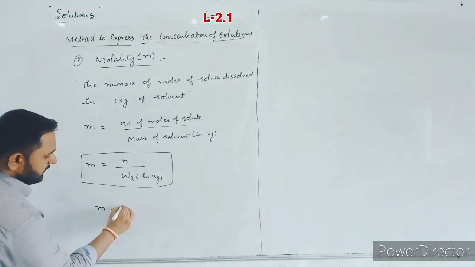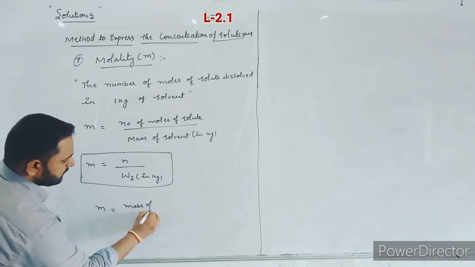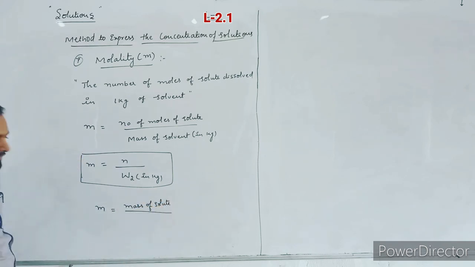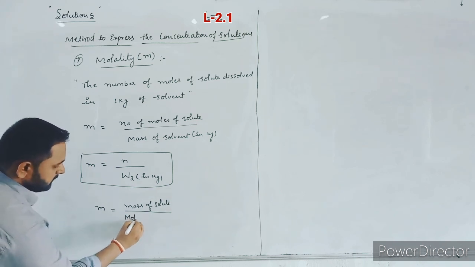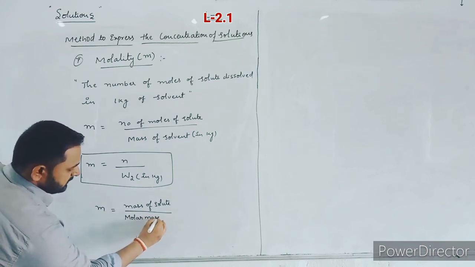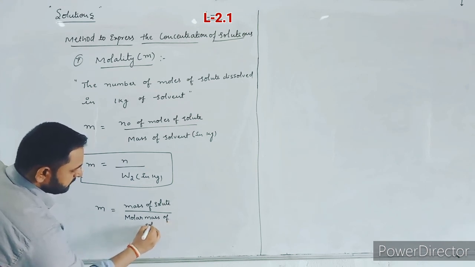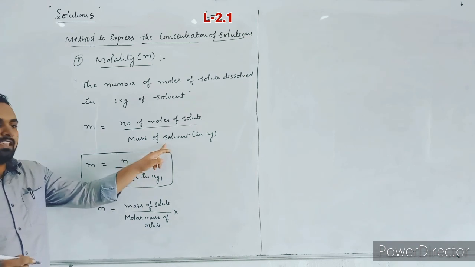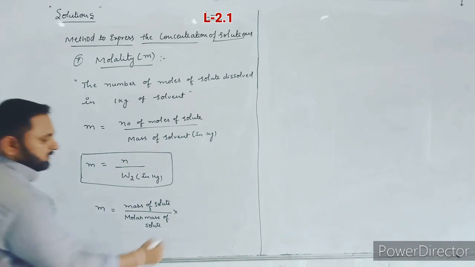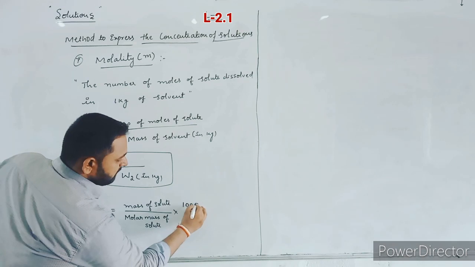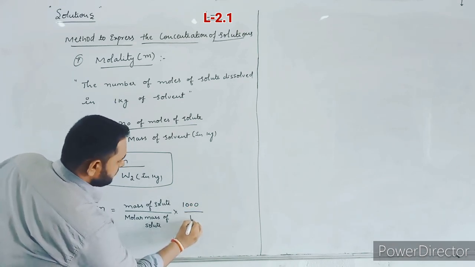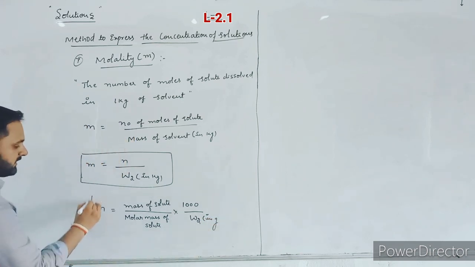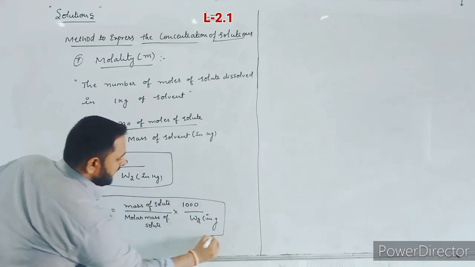Then, if the mass of solvent is given in grams, you write: molality is equal to mass of solute divided by molar mass of solute, into 1000 divided by mass of solvent in grams. This is the second formula to calculate molality.